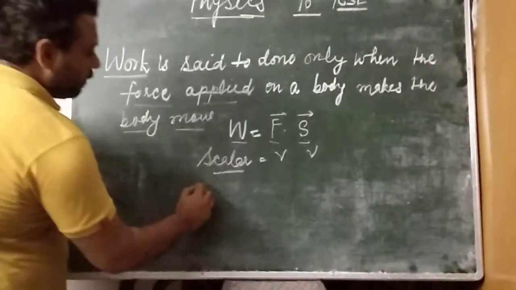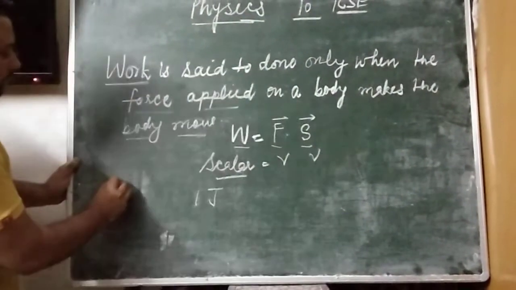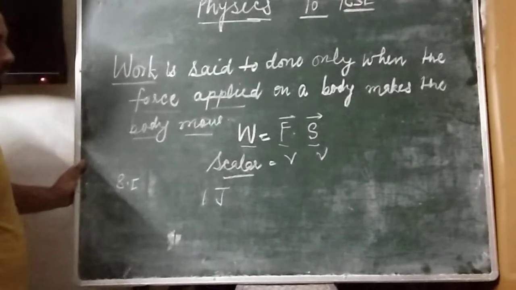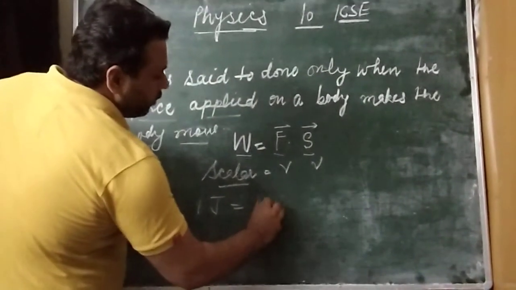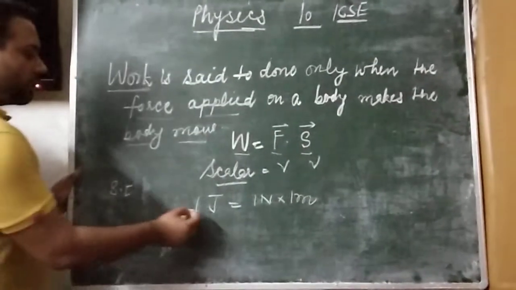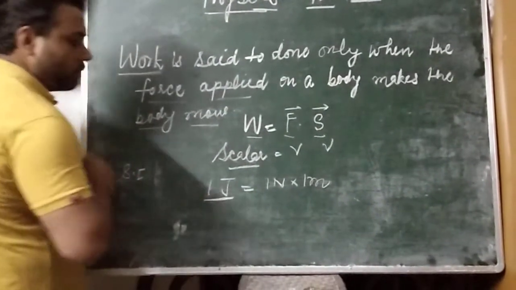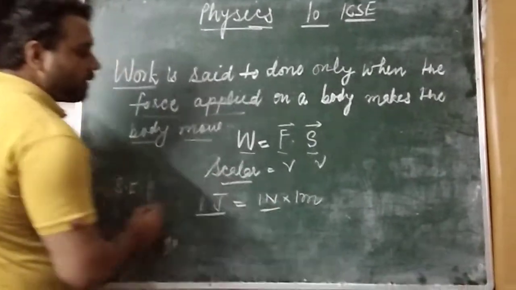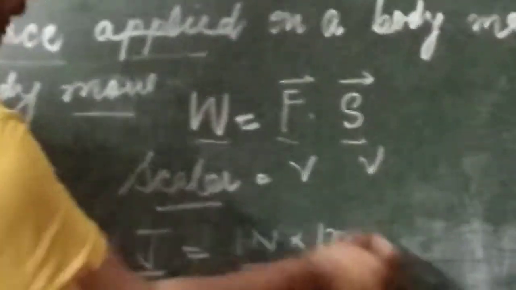What is the unit of work? The unit of work is joule. 1 joule equals 1 Newton meter. It means the work is said to be 1 joule when 1 Newton force is applied on a body and the body covers a distance of 1 meter.